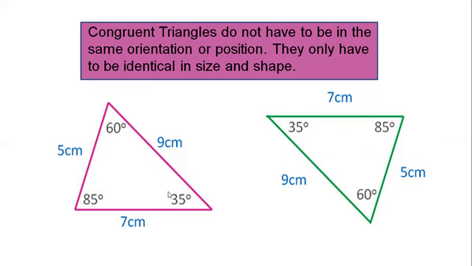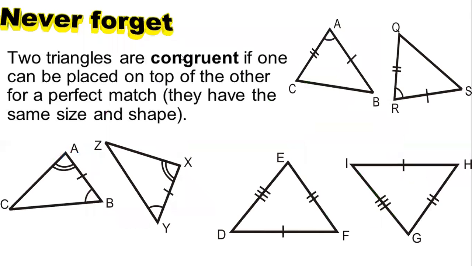So in congruency of triangles, we might have a triangle oriented upwards, another triangle oriented downwards. They don't have to be in the same orientation or position as I said here. Now, never forget this important thing I'm saying now.